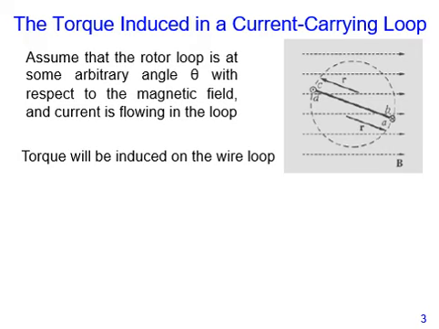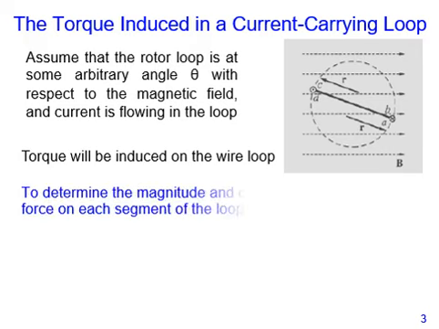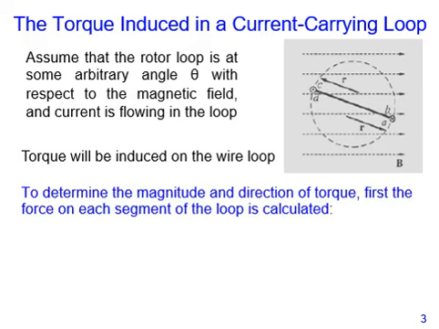Torque will be induced on the wire loop. To determine the magnitude and direction of torque, first the force on each segment of the loop is calculated. All the 4 segments of the loop are calculated separately, and then those torques are added to find the complete value of the torque.